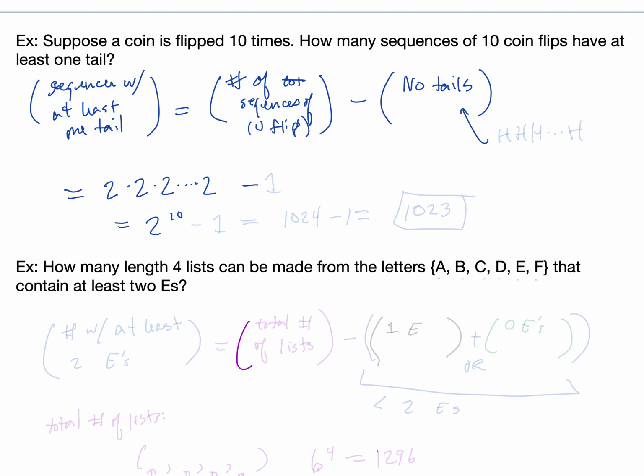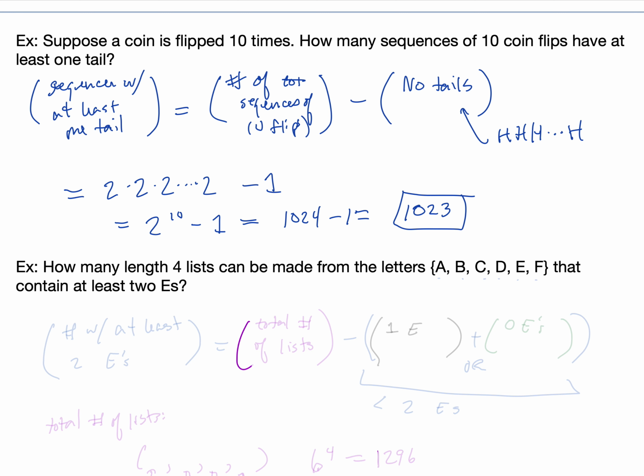This is just one possible sequence, right? Heads, heads, heads, heads, heads. And there's only one sequence of that type. So this is 2 to the 10th minus 1. That's equal to 1024 minus 1, and so that's 1,023 sequences of 10 coin flips that have at least one tail.